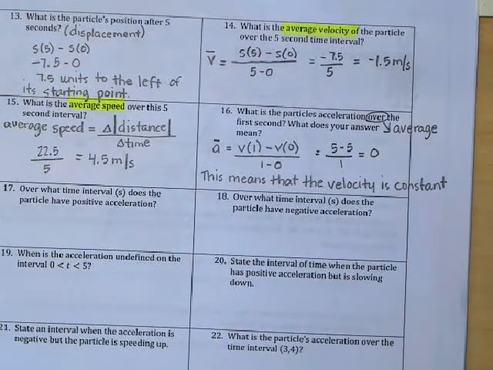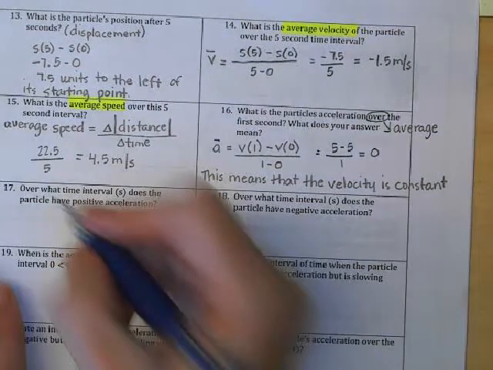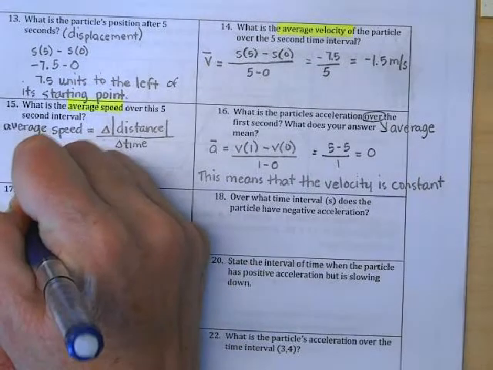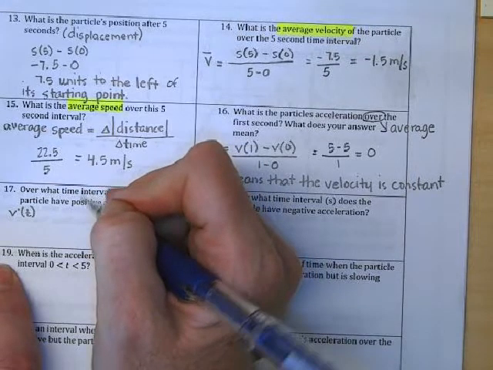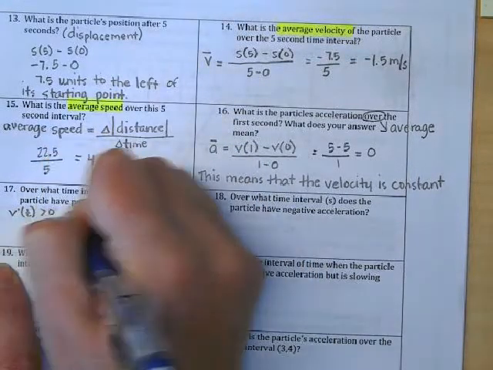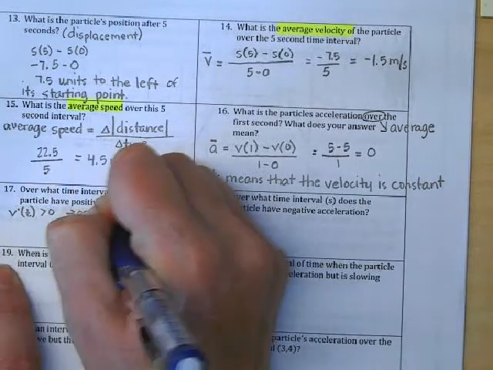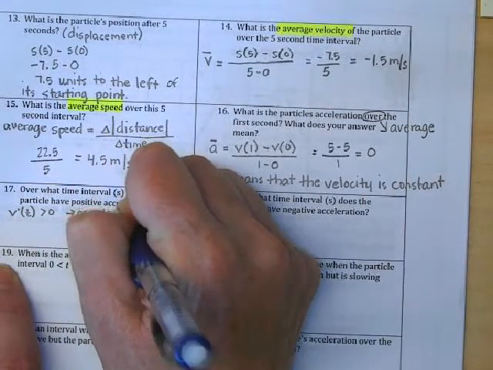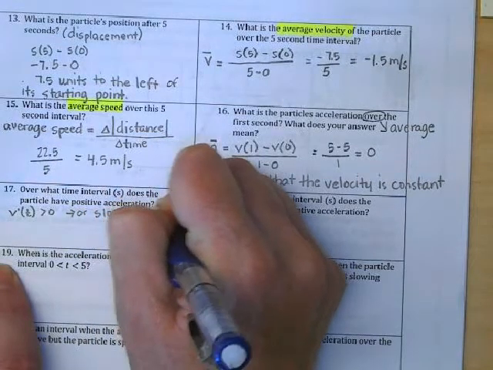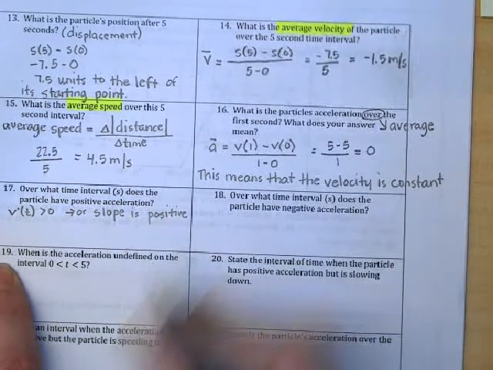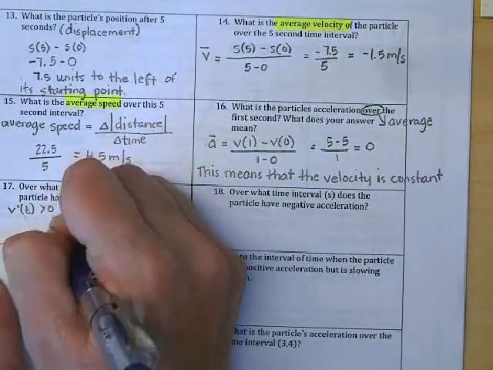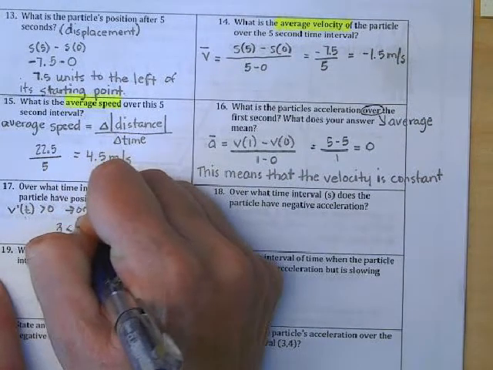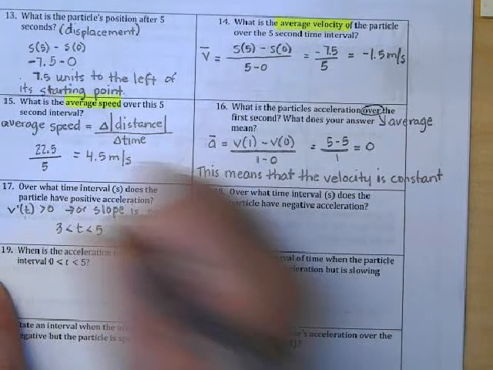Okay, what time over the interval does the particle have positive acceleration? It's going to have this whenever the derivative of velocity is greater than 0, or the slope is positive. Remember that acceleration is the derivative of velocity, and that is going to happen between 3 and 5 seconds.